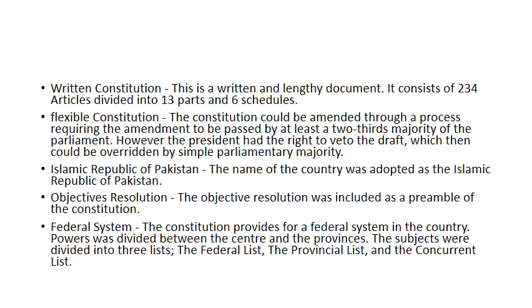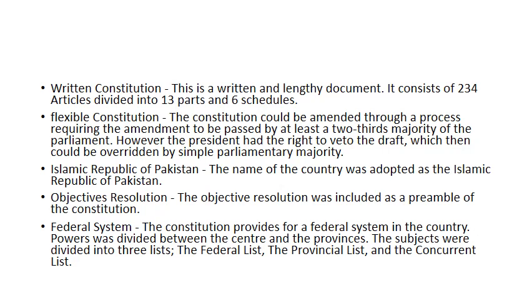Obviously, when the constitution was federal, powers had to be divided, and the subjects were divided into 3 lists: federal list, provincial list and concurrent list. On the federal list, the federal legislature was assigned to make laws, and on the provincial list, the provincial legislature made legislation. On the concurrent list, the center and provinces together were assigned to legislate.